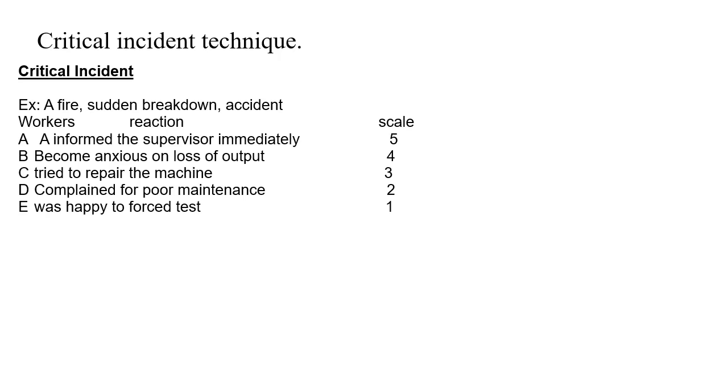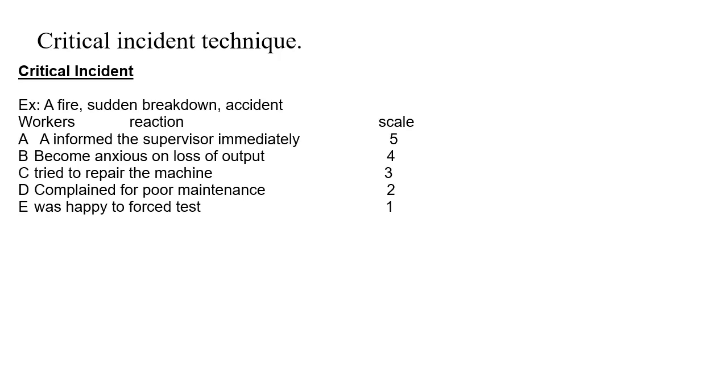So the manager maintains a log of every employee whereby he periodically records critical incidents of workers' behavior. So any specific or critical incident which takes place, and how the employee behaves in that particular incident, the good and bad behavior of the employee, that is being recorded.